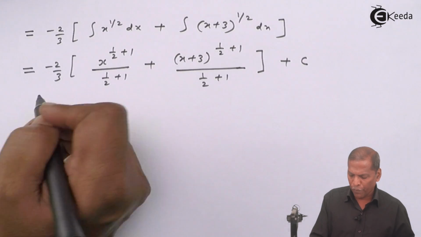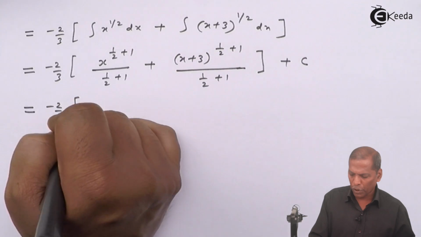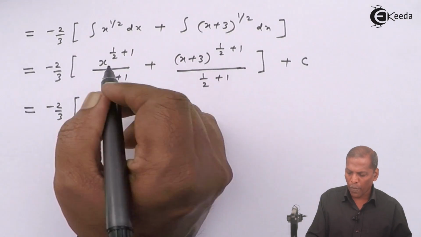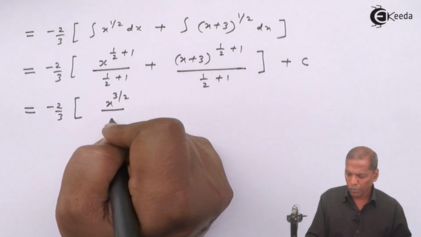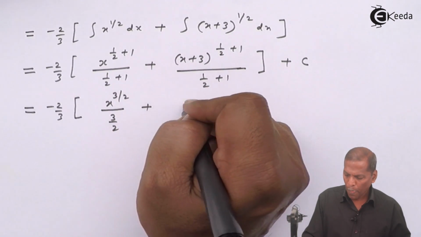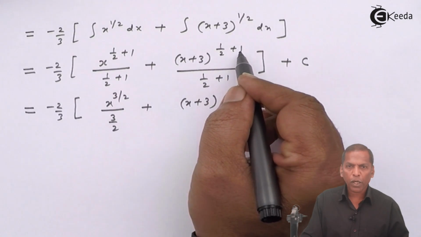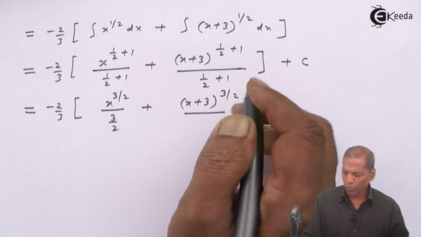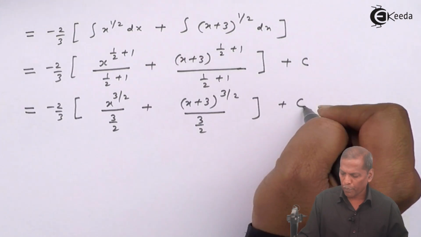So on simplifying further, we get minus 2 by 3 in bracket x raised to, now 1 by 2 plus 1 gives us 3 by 2 upon 3 by 2, then plus x plus 3 raised to 1 by 2 plus 1 gives 3 by 2 upon 3 by 2, bracket complete, plus c.